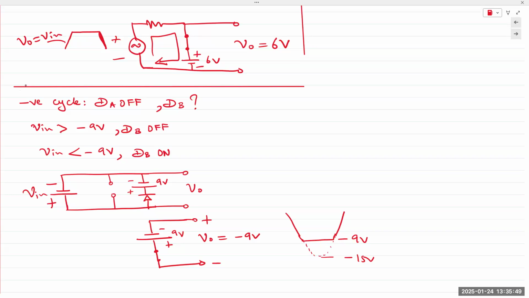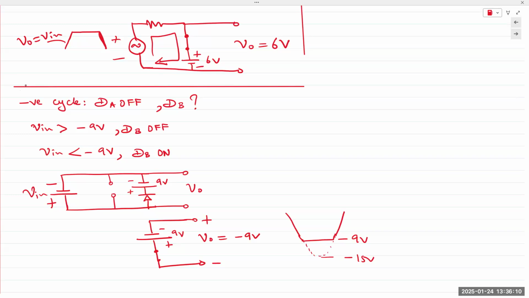Hence, I always like to do the explanation without the batteries first, and then we add in the battery. Of course, if it's a real life circuit, diodes require about 0.6 volts to turn on, right? So even without a battery, we would not get quite 0 volts at the output.